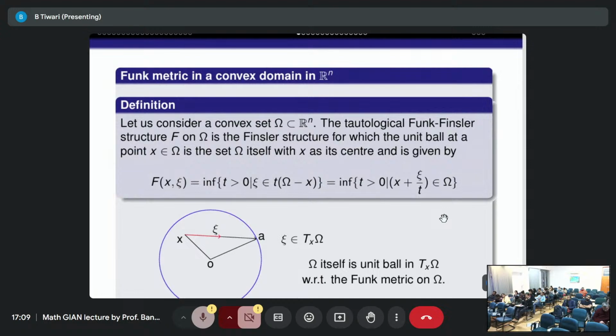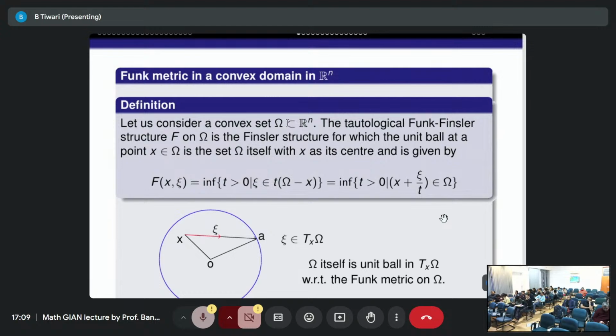Okay, now let us come to another interesting example, what is called the Funk metric in a convex domain in Rn. Let us consider a convex set omega in Rn and what is called the tautological Funk-Finsler structure.